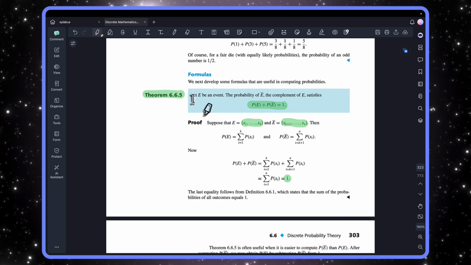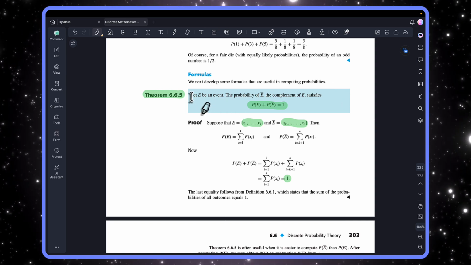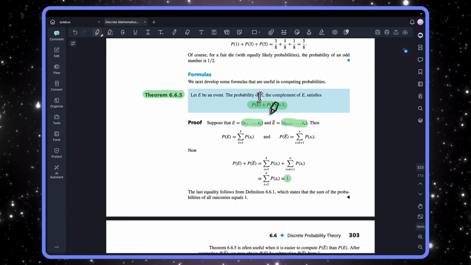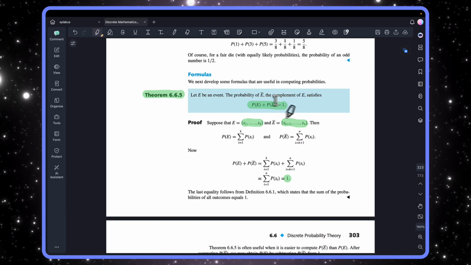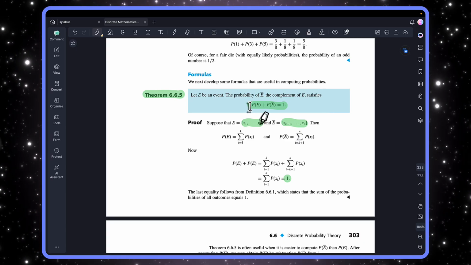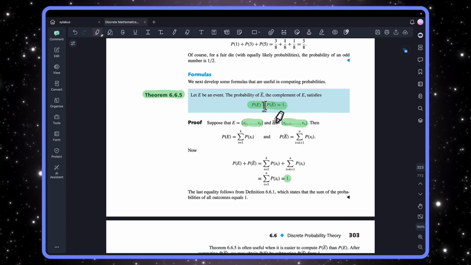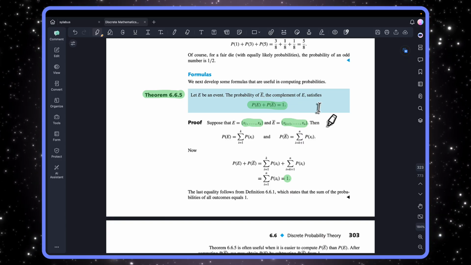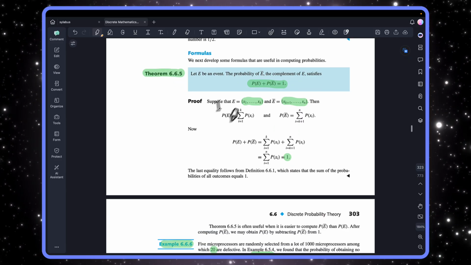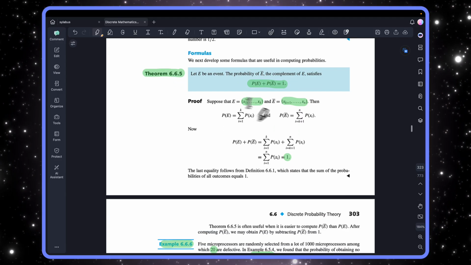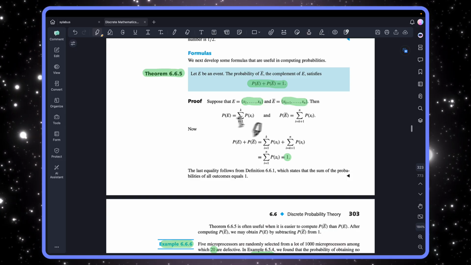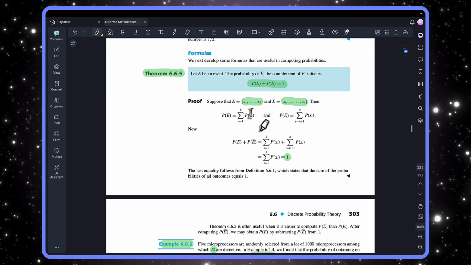Okay, here's a theorem. Let E be an event. The probability of E plus the probability of the complement of E, or the opposite of E, has to be equal to 1. And here's a little proof. If E is the event that contains all these outcomes, and the complement of E is all the rest, then the probability of E is you add all those up.